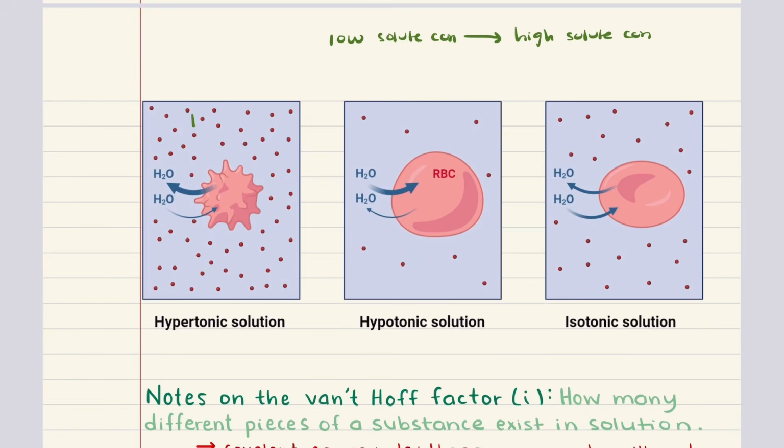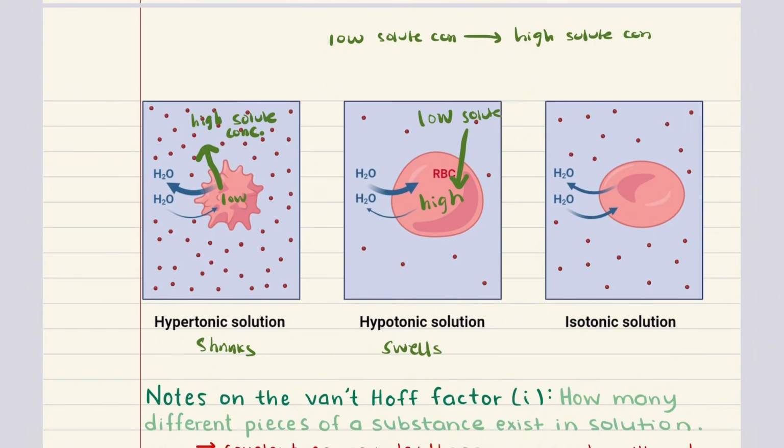In a hypertonic solution, where the outside has a higher concentration of solute, water is going to leave the cell and the cell shrinks. In a hypotonic solution, where the outside actually has a lower solute concentration, water enters the cell and the cell swells.